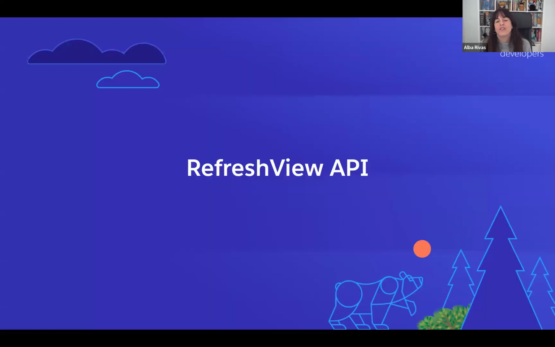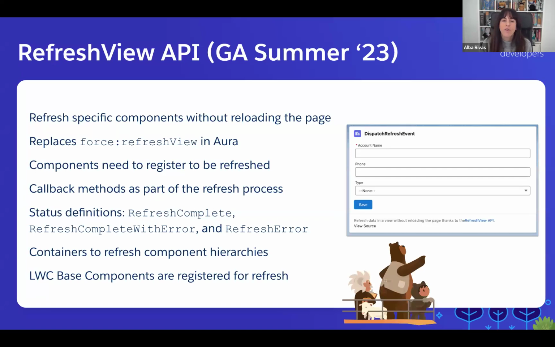So the next feature that we're going to cover from the Summer '23 release is the Refresh View API. The Refresh View API allows you to refresh individual components without having to refresh the whole page. This is kind of equivalent to force refresh view, which was also a very much requested feature.